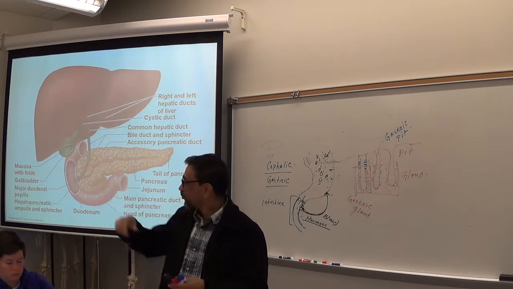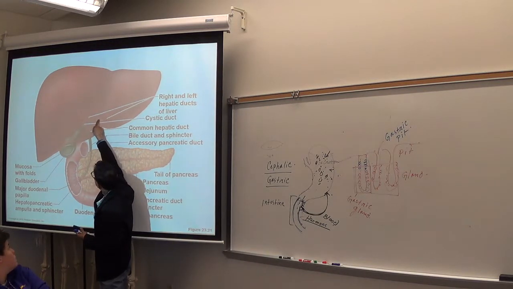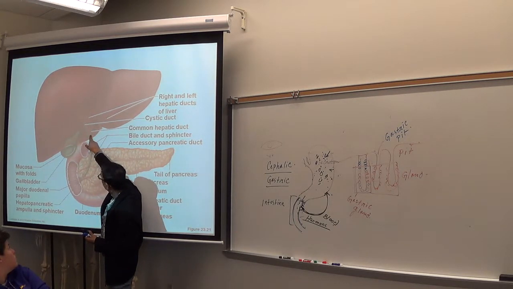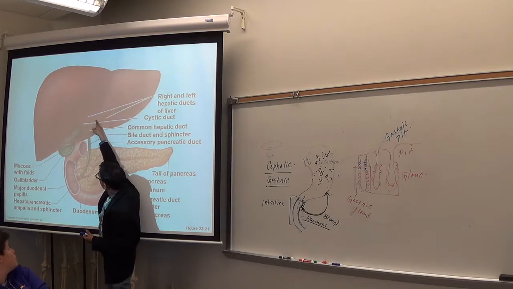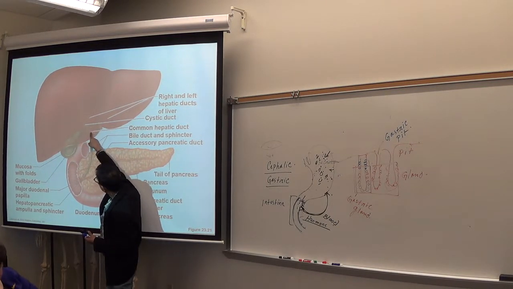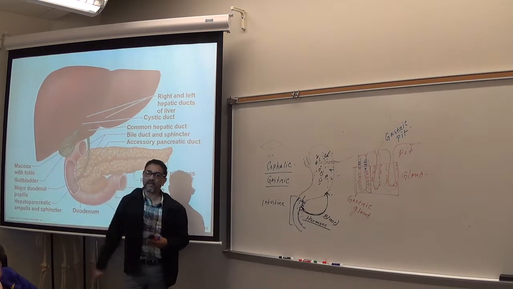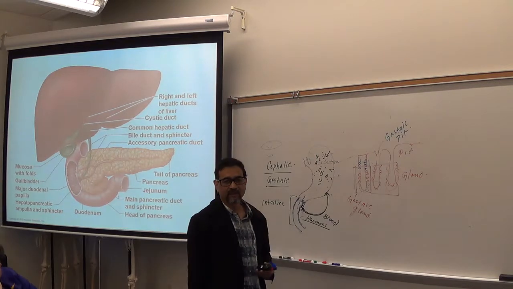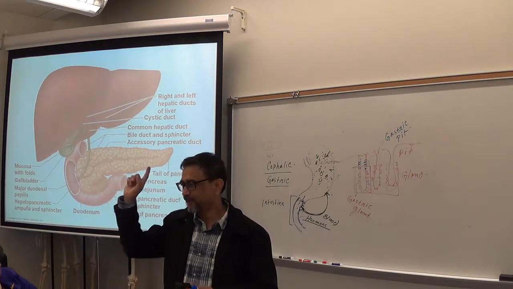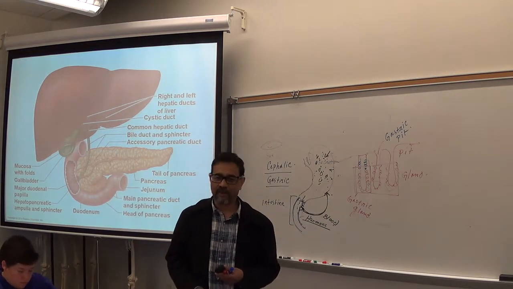And then you see here, bile enters into the right and left hepatic and then the common hepatic, because the liver produces bile. Most of the bile from the common duct will go this way to the gallbladder. Okay? So bile will enter into what? The gallbladder. Make sense?